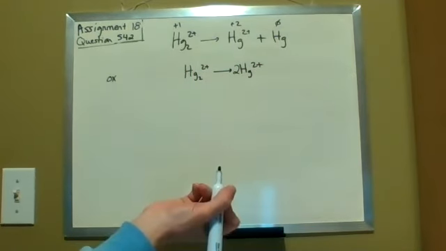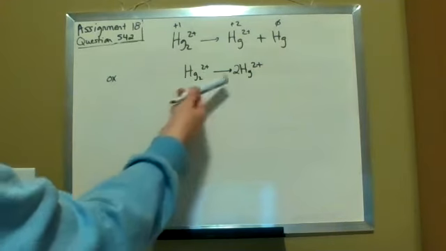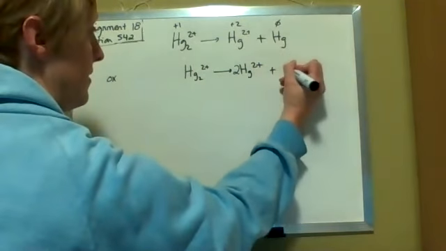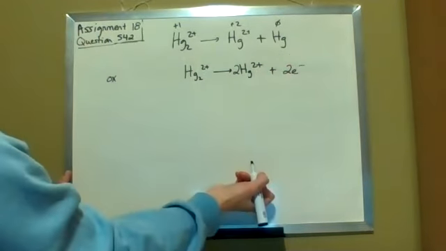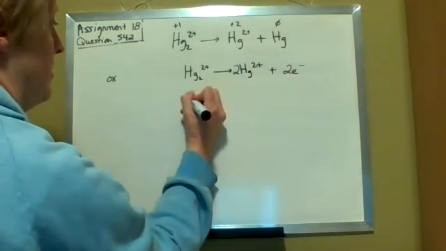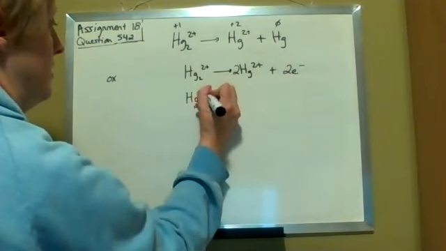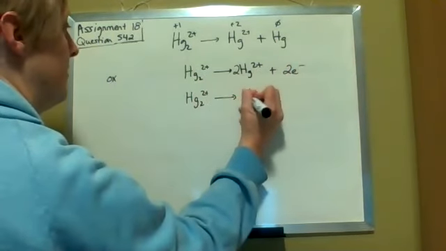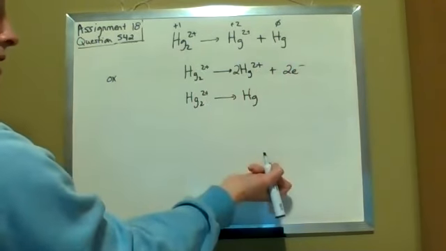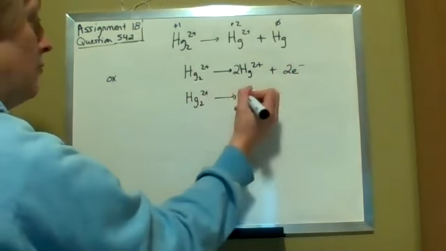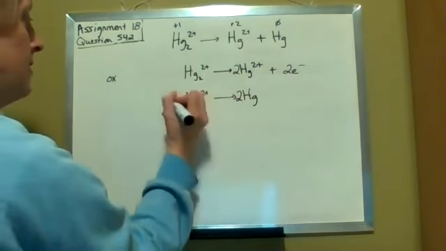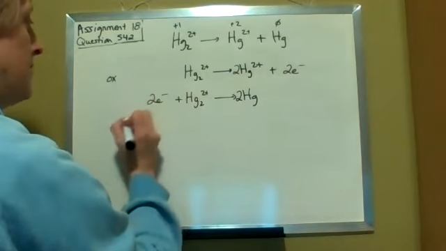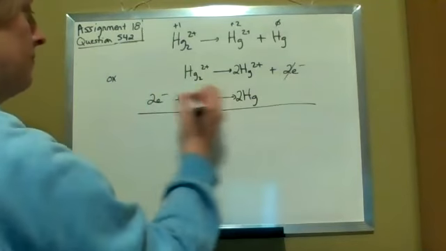And now charges. So we have +2 over here, +4 over here, so we need to have 2 electrons. The other one is our reduction reaction. And here, balancing our mercuries again, and then balancing our electrons.